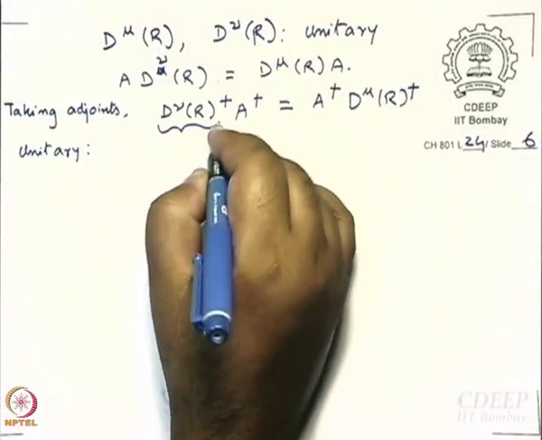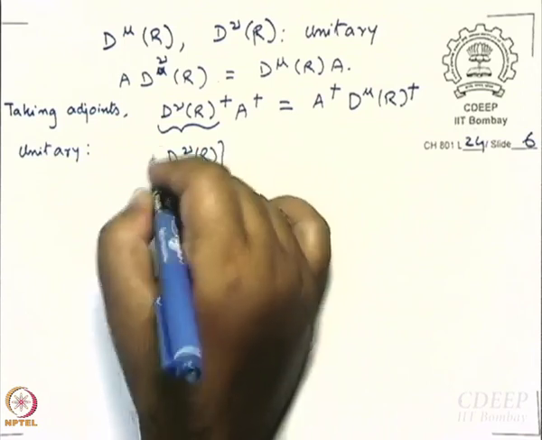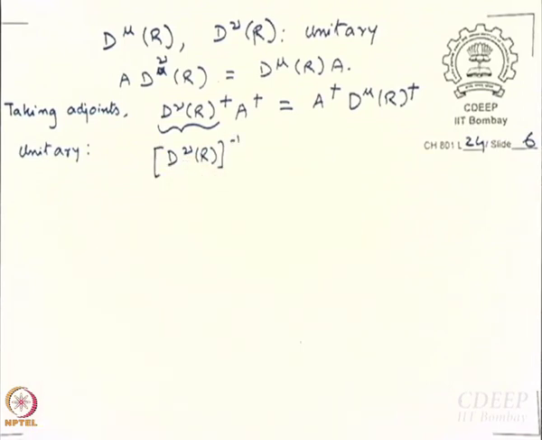This is d nu r inverse of that, right? And are these any kind of unitary matrices under the sun? No, right? Because then we would not write R. What kind of matrices are we working with? Transformation matrices, right? So now you tell me, what is the inverse of a transformation matrix?